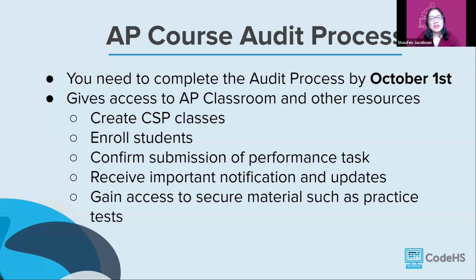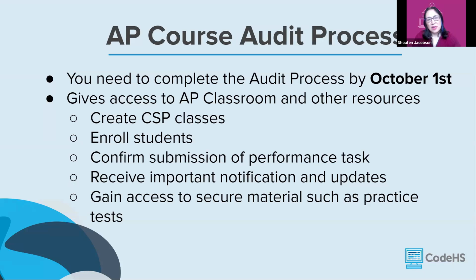That is going to help you pass the audit process. Once you finish the audit process, not only do you get the required confirmation of submission of your performance test, you can also get access to secured materials such as the College Board question bank, practice tests, AP Daily videos, and a lot of other resources.